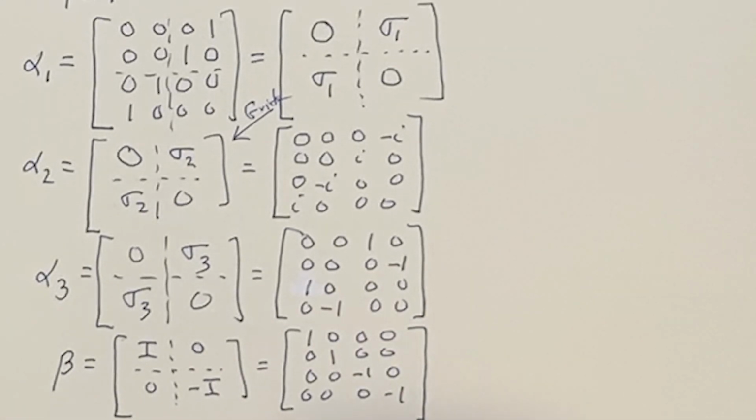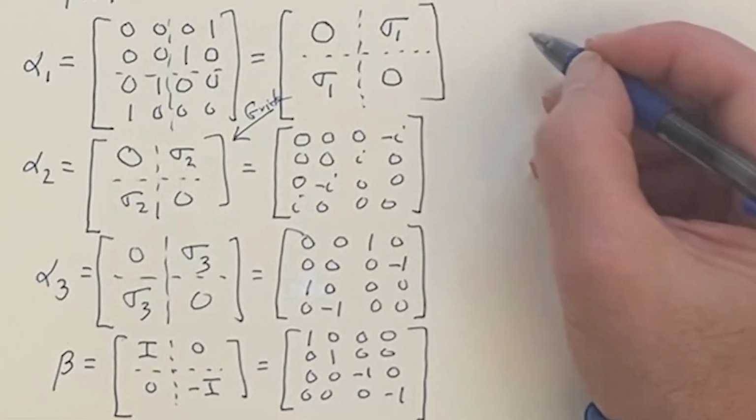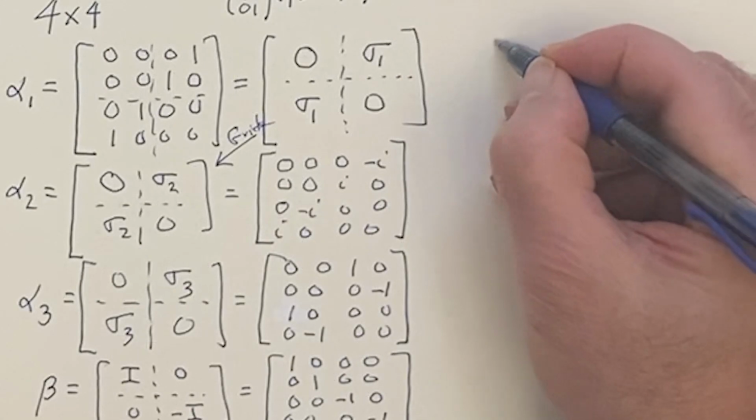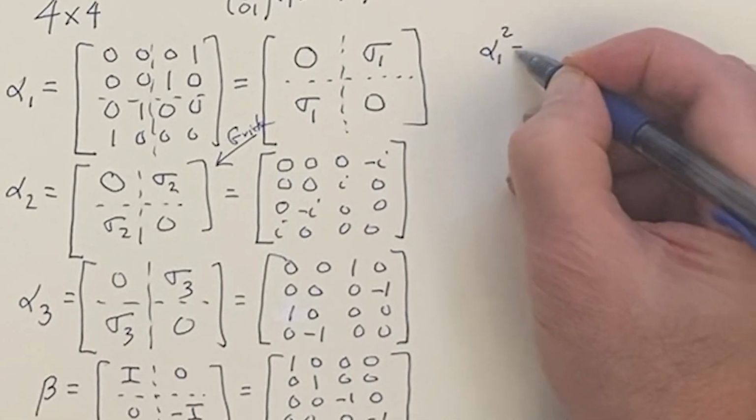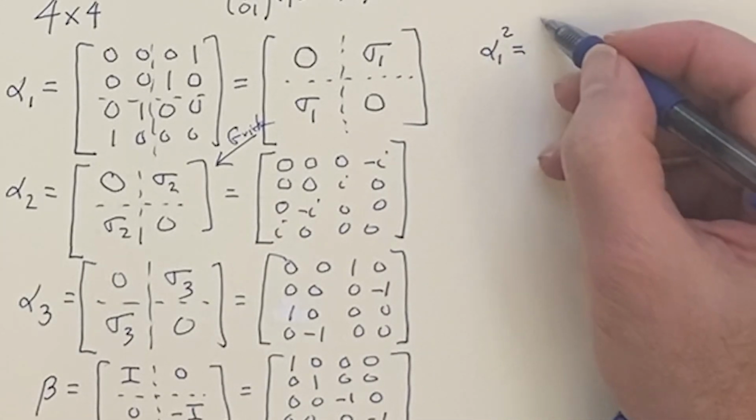Now, when you play around like this and do something like this, you really have to check it out. You gotta do it to make sure that it's gonna work out that way. So let's check a couple of these. Let's check alpha 1 squared and make sure we get the identity.